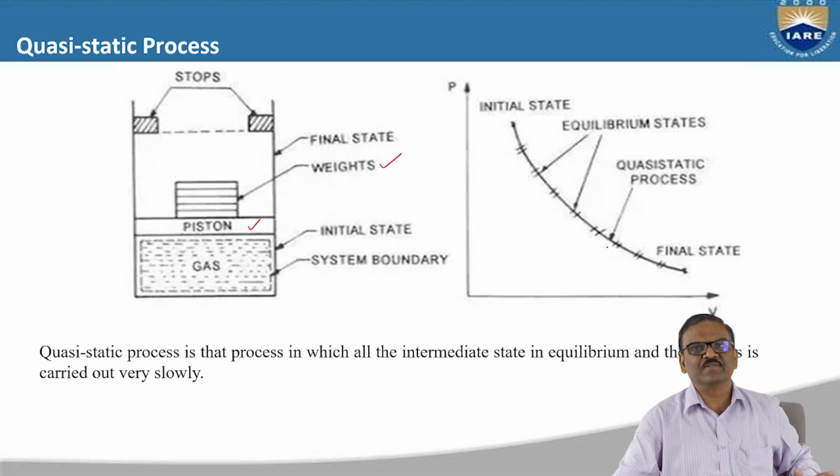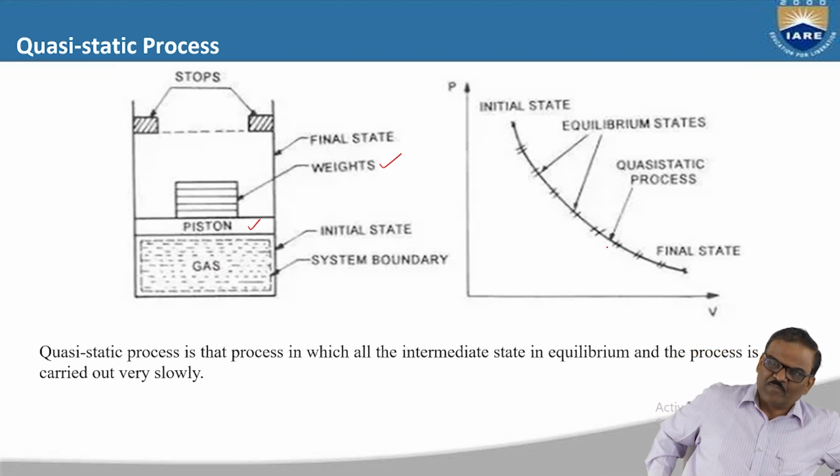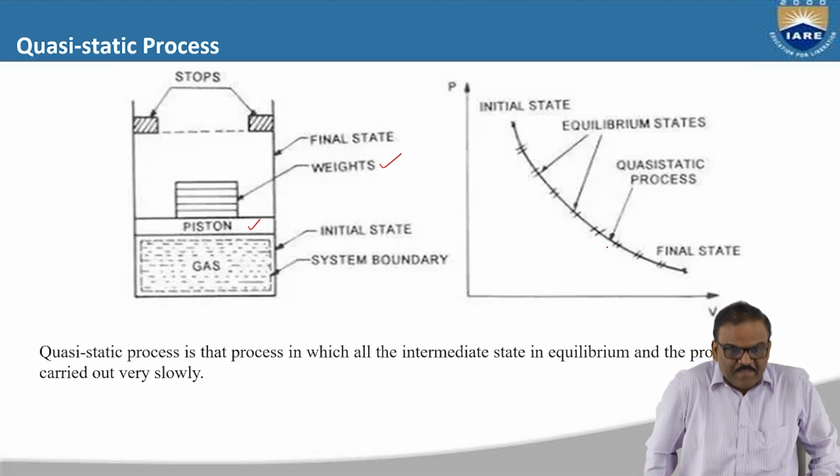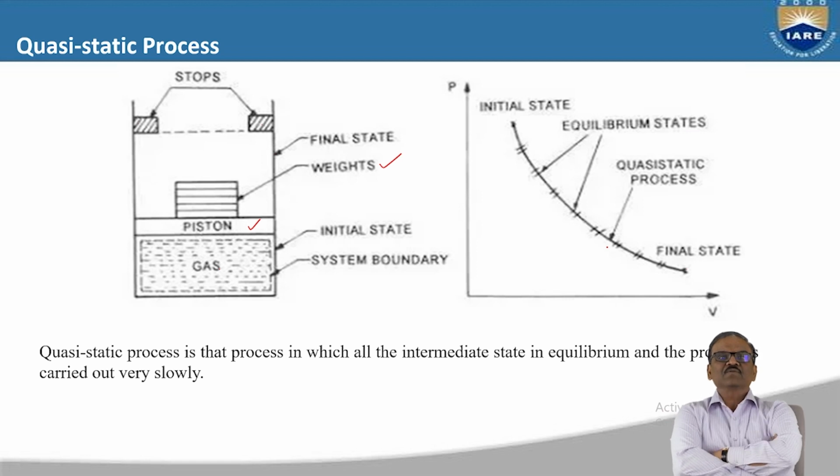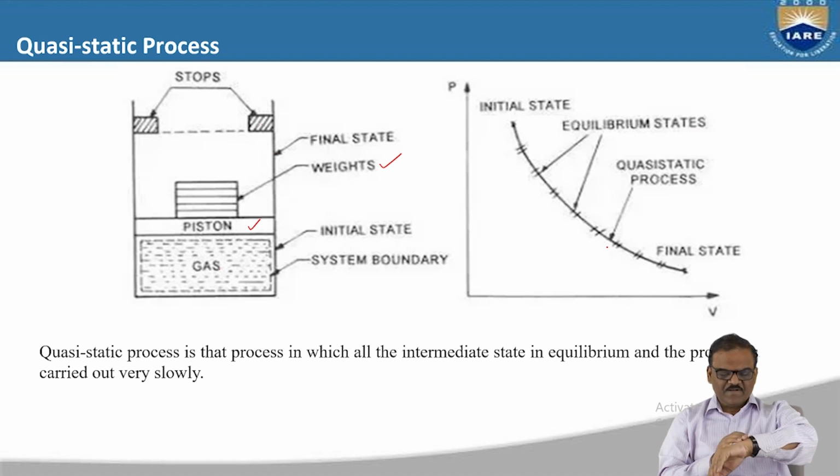But in real time there is no quasi-static process. All the systems in the open system are spontaneous. In the next lecture, we will see how the temperature variations take place and what the international standards of temperature are. We will discuss it.